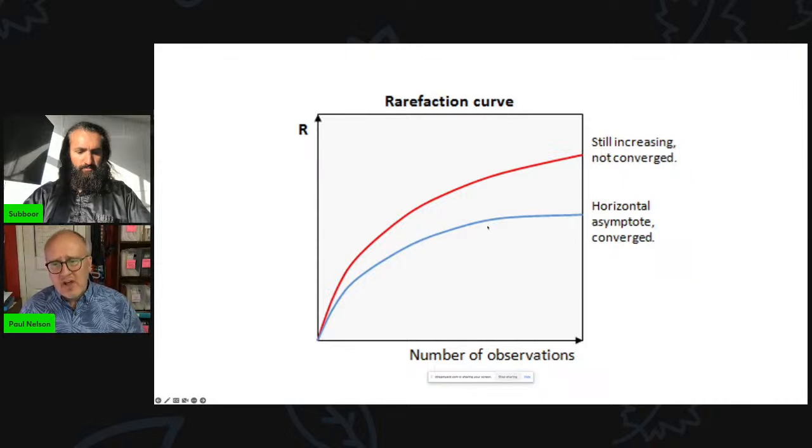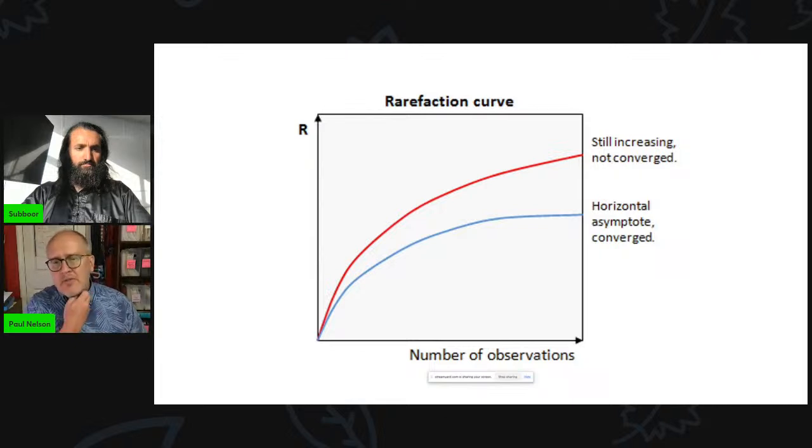When you get a horizontal line, the blue line, and it stays flat, then you can say with some assurance, we've saturated the space in terms of our sampling. We've pretty much covered the waterfront, so to speak, and we can be reasonably sure that we're not going to be surprised by something that we haven't yet seen.